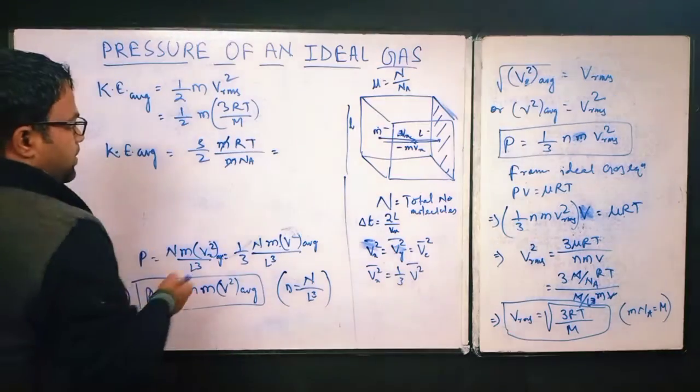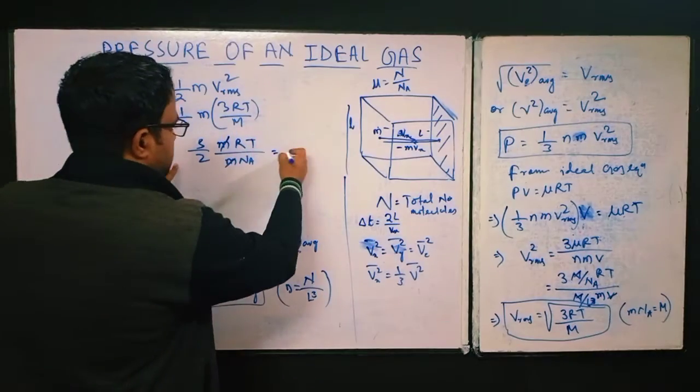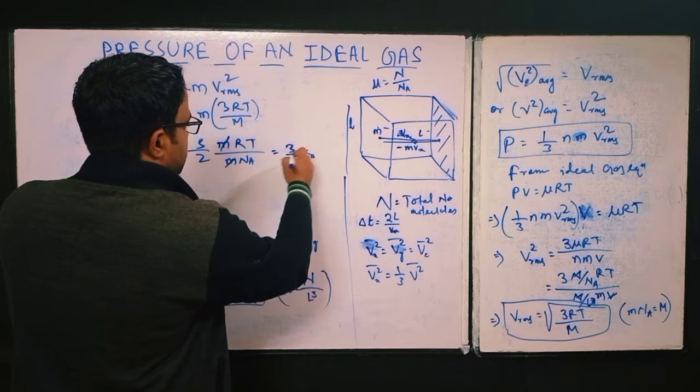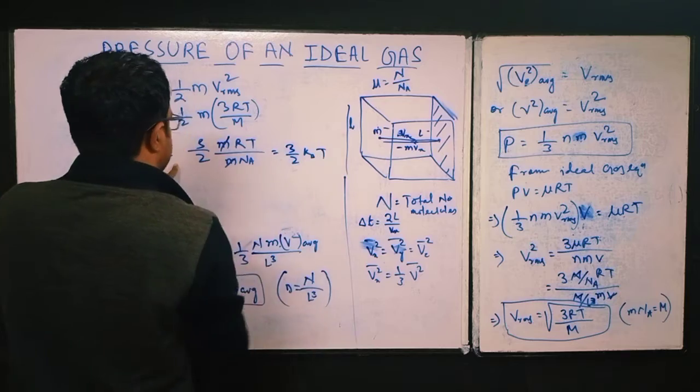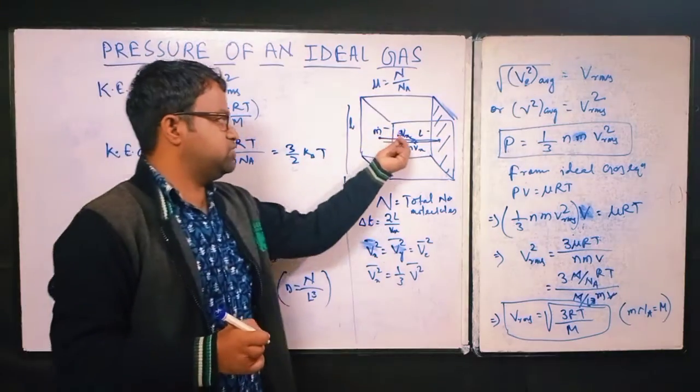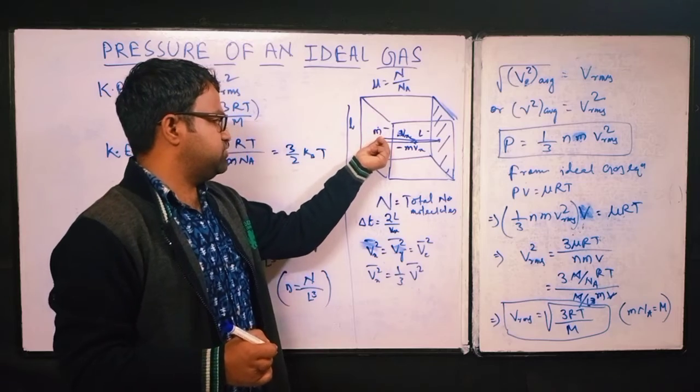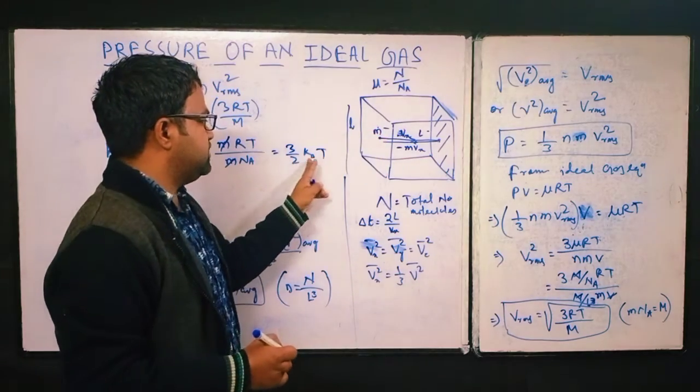So this one will be your 3 by 2 kBT. That means the average kinetic energy associated with one molecule is 3 by 2 kBT.